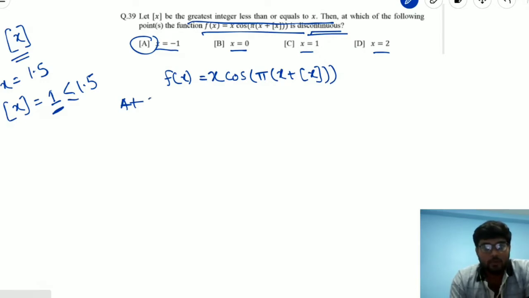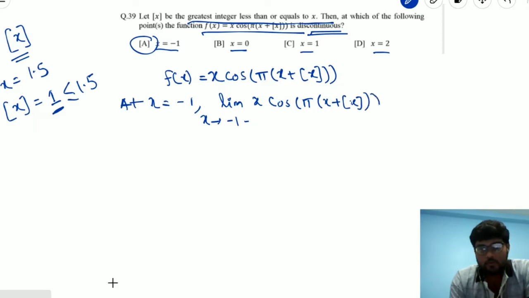So at x equals -1, we'll check the left hand limit: limit x tends to -1 minus of x cos(pi(x plus box x)).